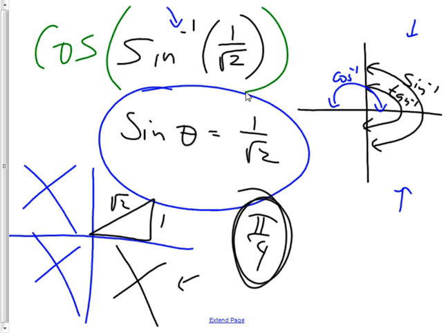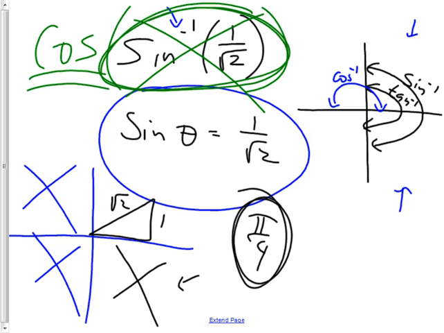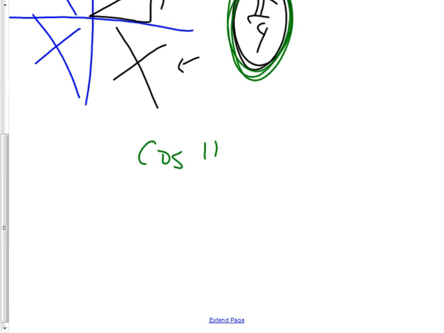But if the problem had a cosine out in front, what would we have to do now? Cosine of pi over 4. Because this whole thing right in here simplified down to pi over 4. So it's really cosine of pi over 4 now. That is as simple as it seems. You just have to figure out where's a triangle that would work for that.